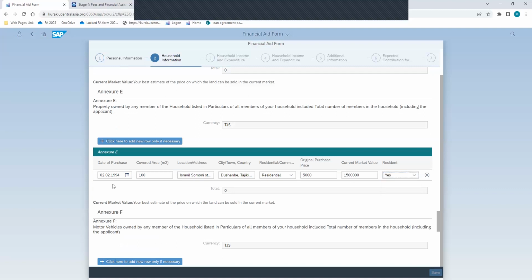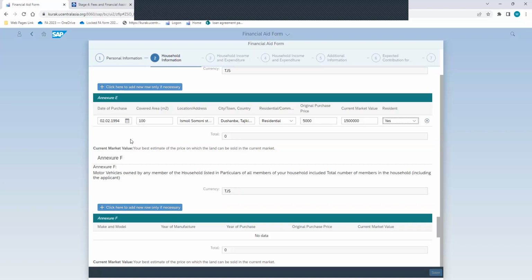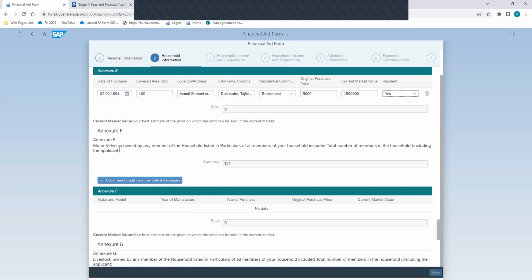You may have more than one property. You need to indicate all of the properties that you have, and on one of them you need to choose resident because you're living in one house. Maybe if you live in two houses, then you have to choose resident for both.